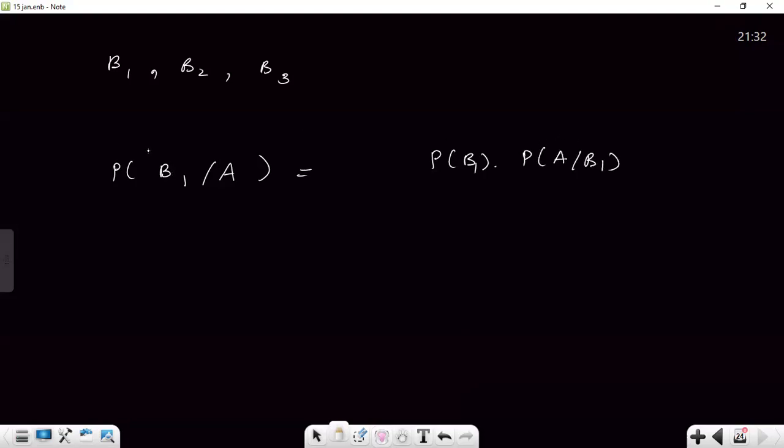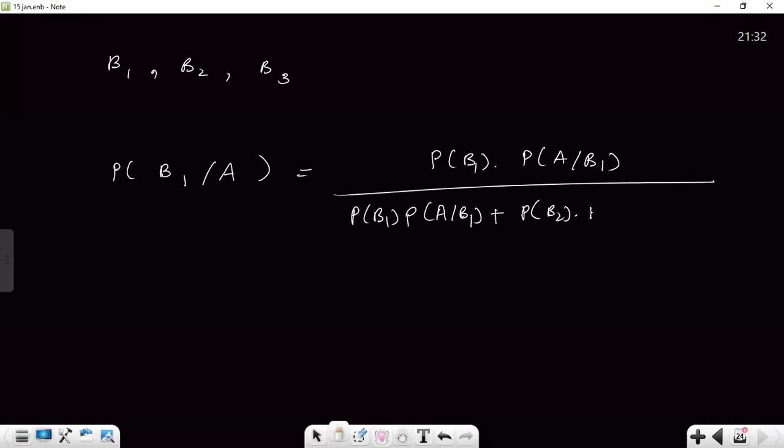Now this is quite opposite of what we have to find here. Divided by probability of B1 into probability of A occurring when B1 has happened, or probability of B2 into probability of A given that B2 has happened. Similarly, probability of B3 happening into the probability of A happening, given that B3 has happened. So this is the formula.